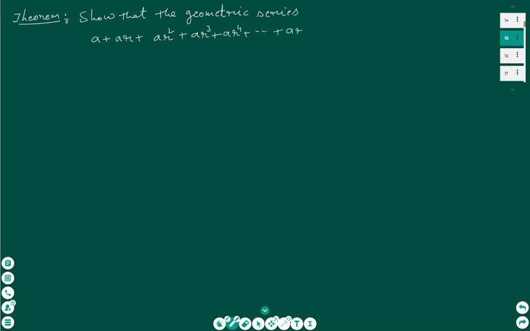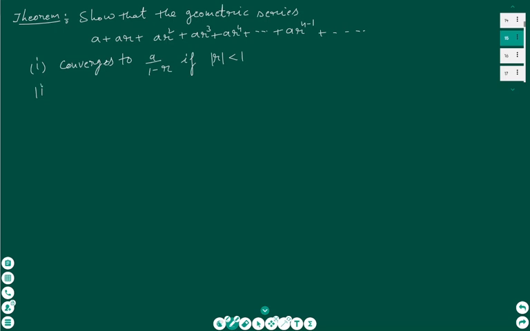Nth term would be ar raised to n minus 1 plus so on. Show that this series, number 1, converges to a over 1 minus r if the absolute value of r is less than 1.